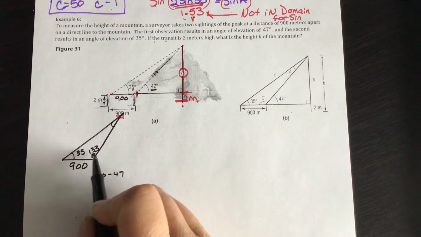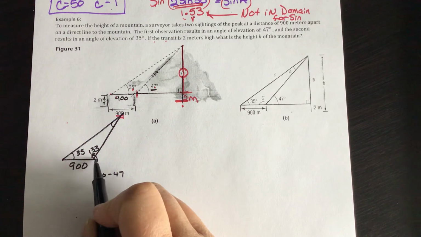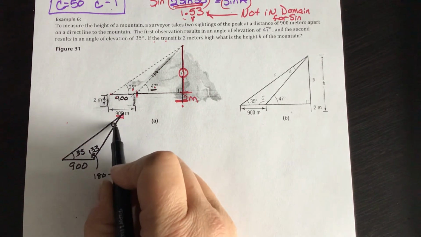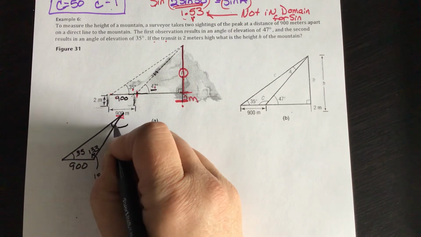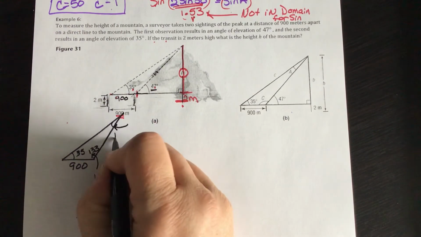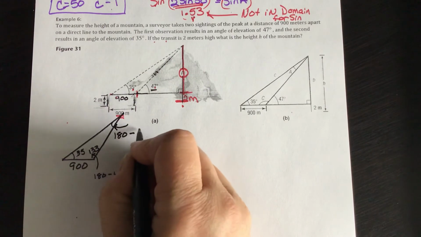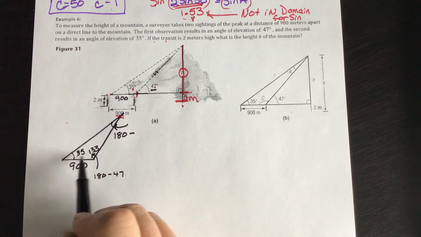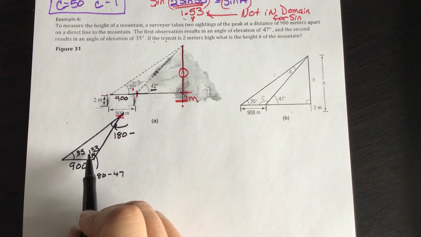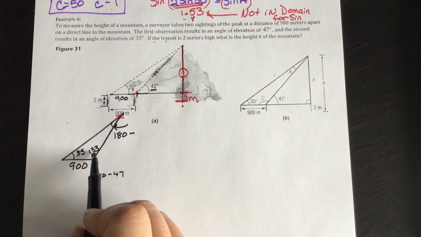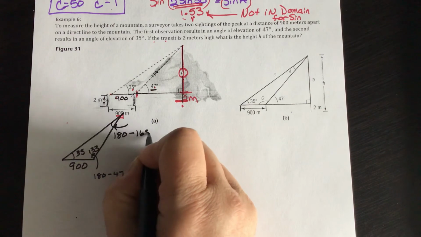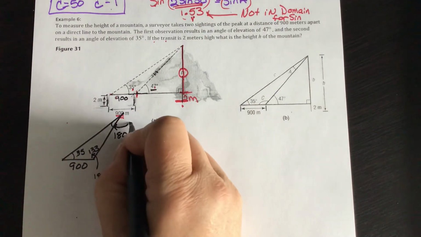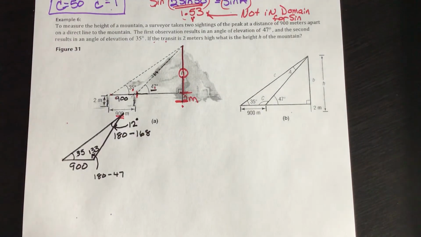And by using the fact that the angles add up to 180, I can find that this angle is 180 minus the sum of these 2 angles. That would be 168, sorry. So this angle is 12.